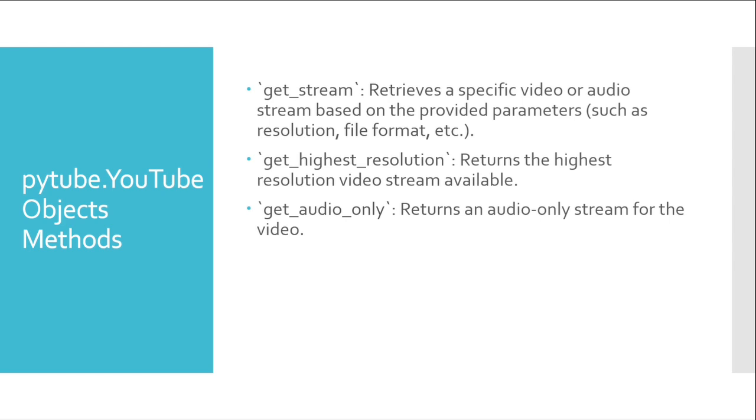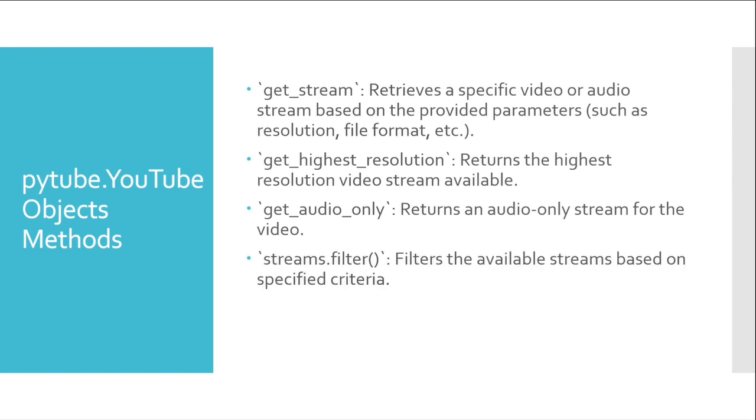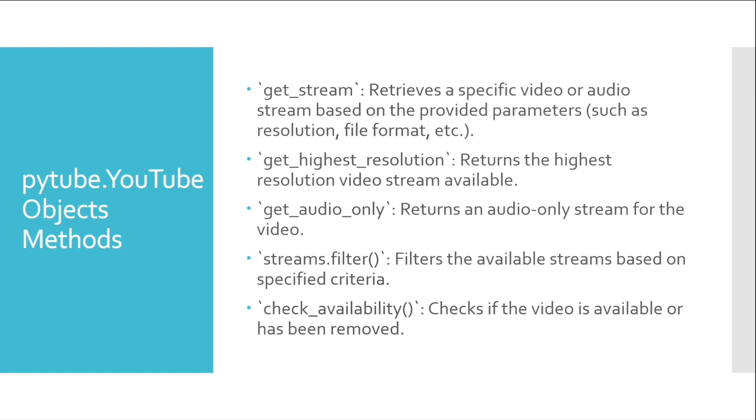We have another method, get_audio_only, which returns an audio-only stream of the video. And streams.filter filters the available streams based on specific criteria. Similarly, we have the check availability method that checks if the video is available or it has been removed from YouTube. Now let's code it.